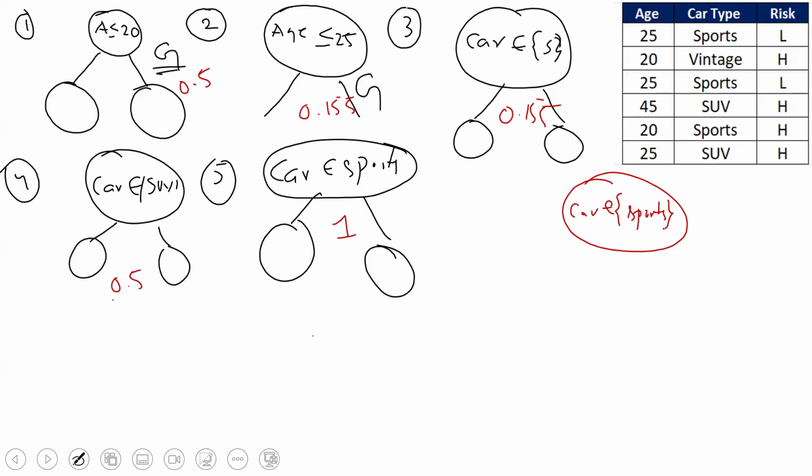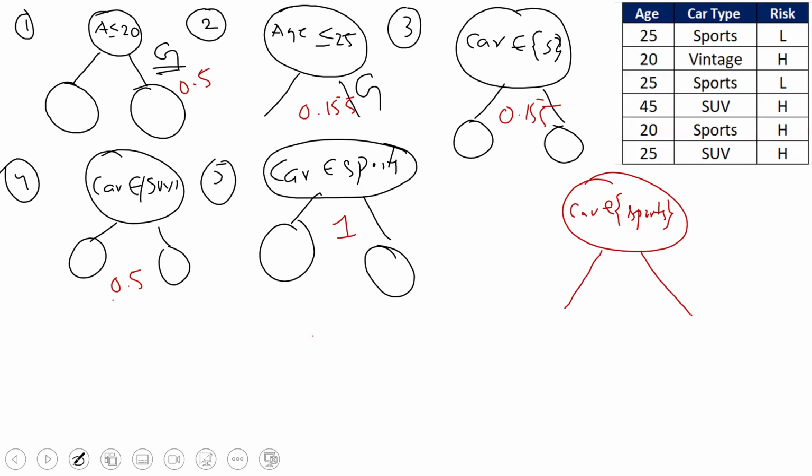I'm just giving you an example to decide what to use as the root node. Now it divides the data into two parts, and now you have to choose the next node, what is ideal with this.